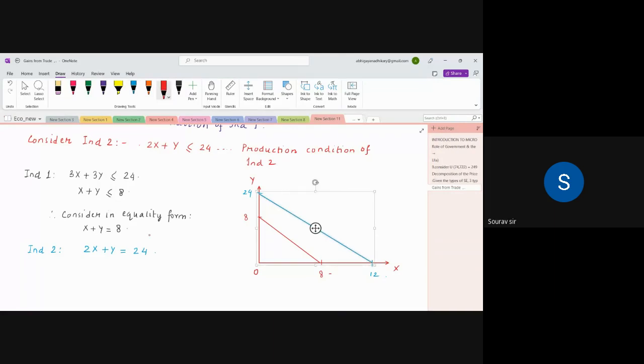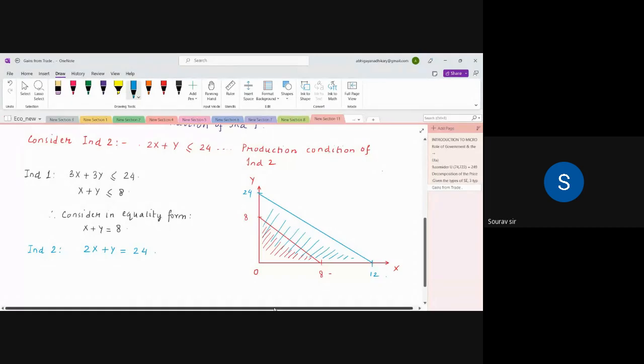Correct. So this total inequality for individual 1 is this entire space out here. This is all possible points that individual 1 can produce given his capacity. And similarly for individual 2, the entire shaded area becomes the production possibilities for individual 2.